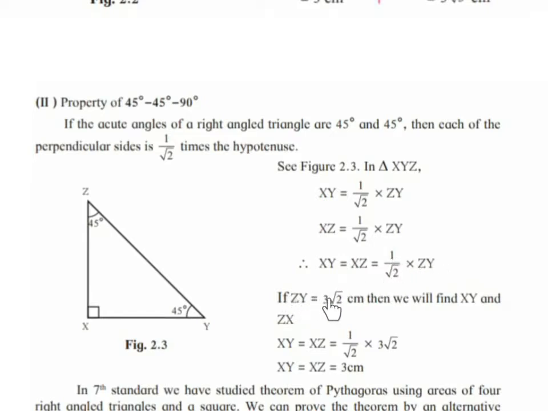Suppose side ZY, the hypotenuse of this triangle, is 3 root 2 centimeters, then we will find the sides XY and ZX. Using this property we can calculate the two sides.